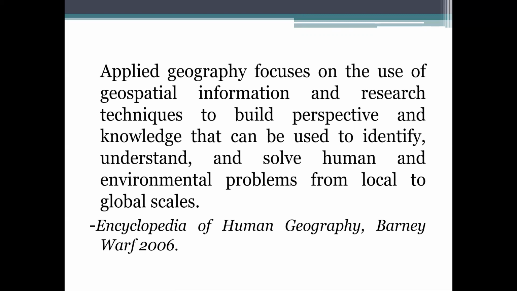The Encyclopedia of Human Geography explains it like this. This is the definition we first discussed, at the beginning, right?